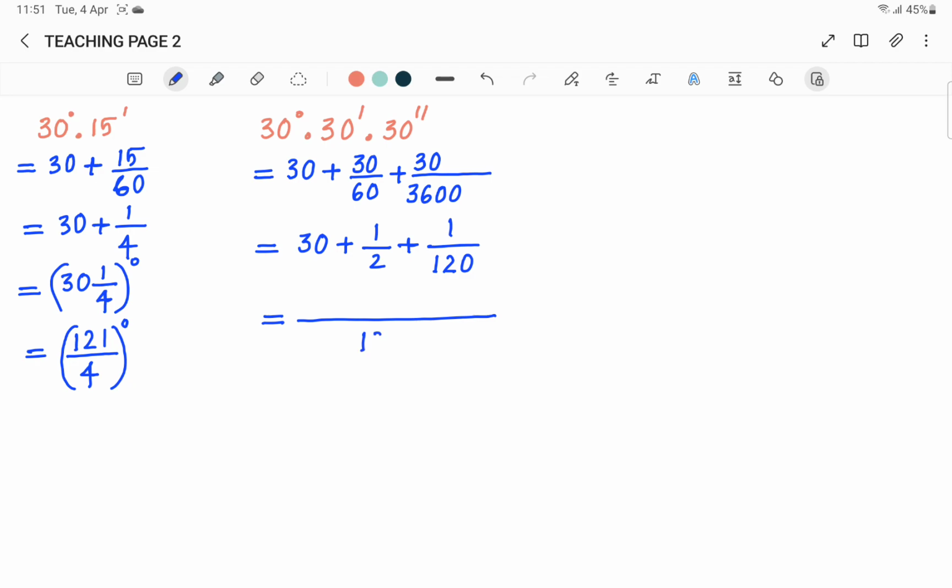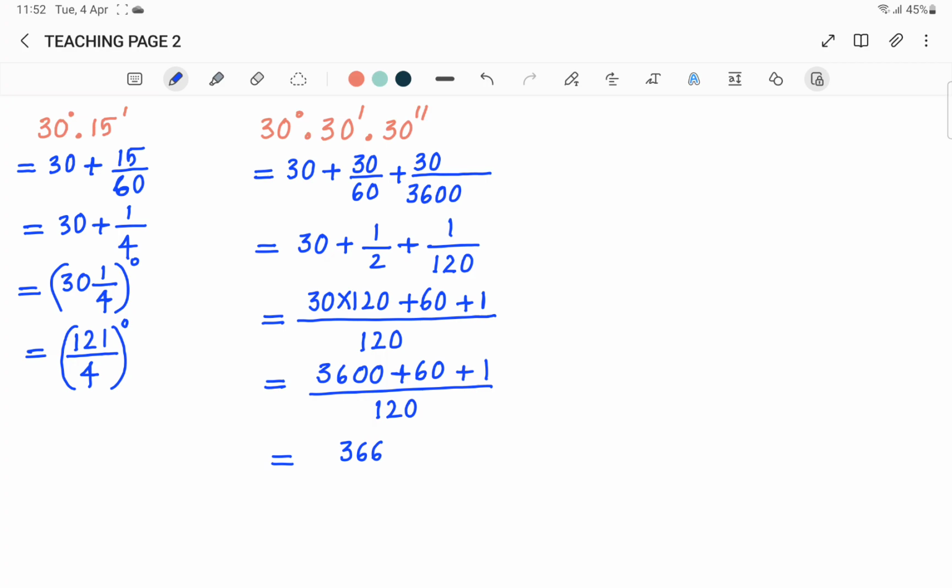If you take the LCM, you will get 120. So it is 30 into 120 plus 60 plus 1, which is 3600 plus 60 plus 1 by 120. So you can write 3661 by 120 degrees.